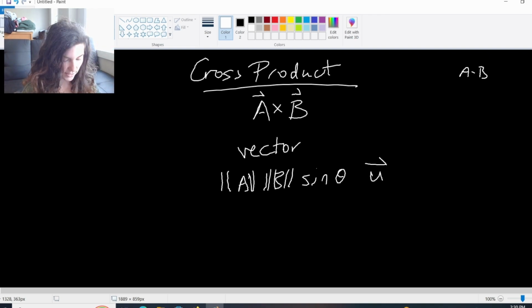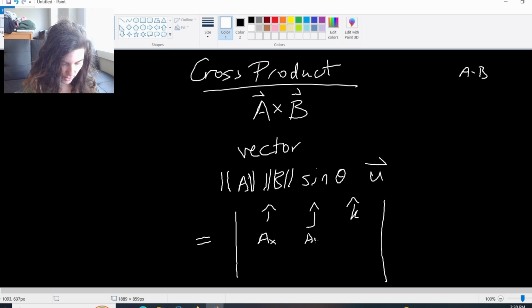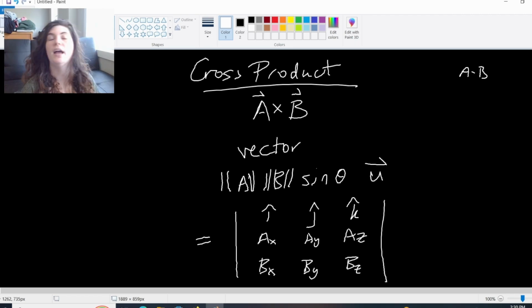The way that we get the cross product is from a matrix with I, J, and K, where you have AX, AY, AZ, BX, BY, and BZ, and you solve the matrix and it gives you a vector answer, right? So this is where the cross product is coming from. It's coming from this matrix math, which we'll go through here in a second.